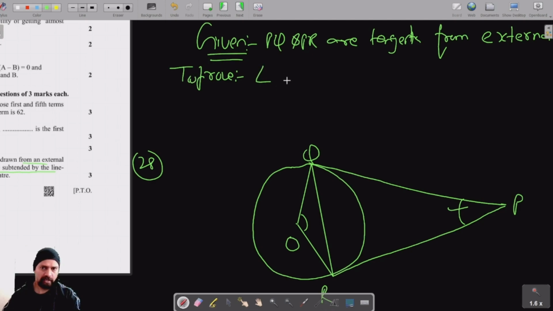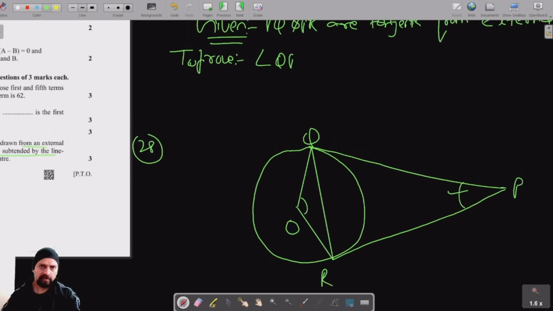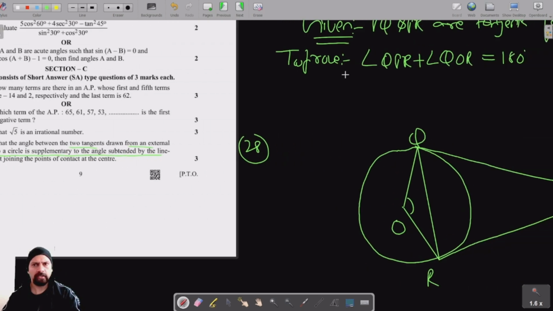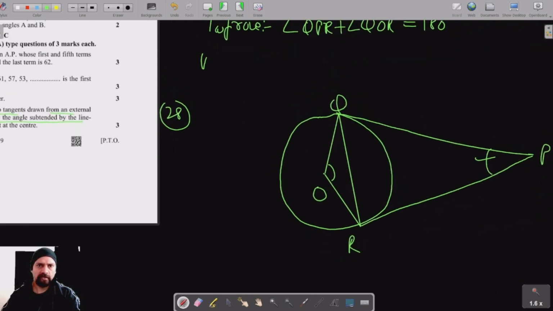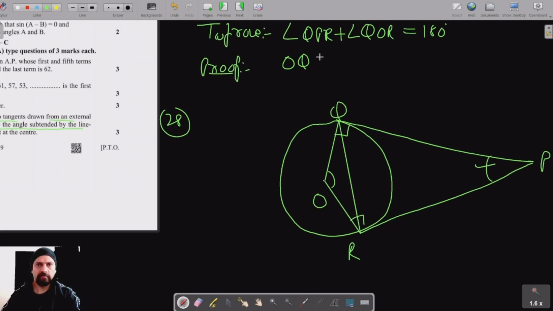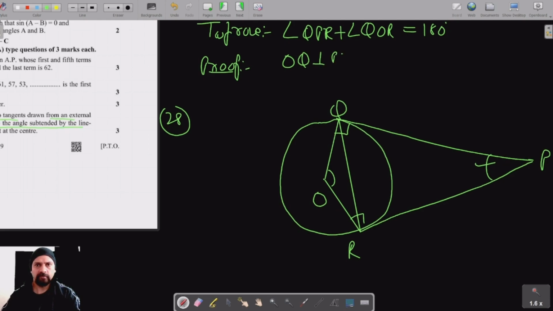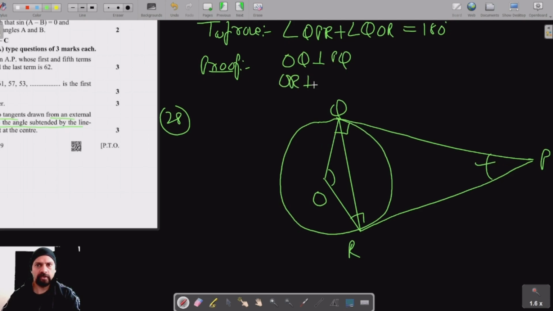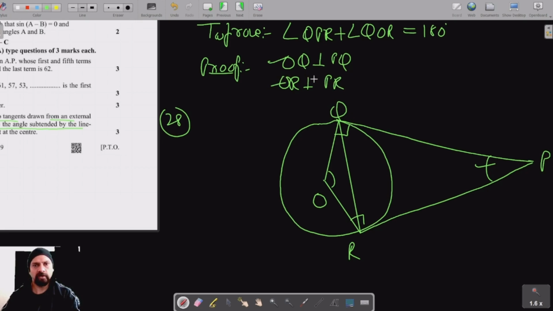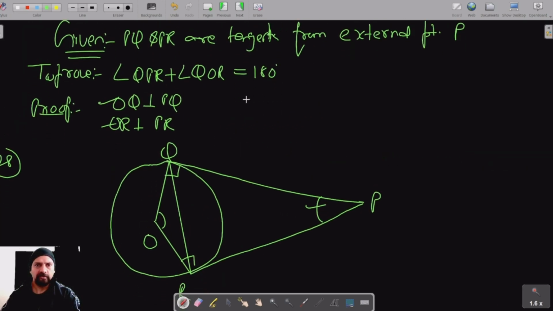Now we have to prove that angle QPR plus angle QOR is supplementary, that is 180 degrees. And for that, we all know that OQ is perpendicular to PQ and OR is perpendicular to PR, because OQ and OR are radii.